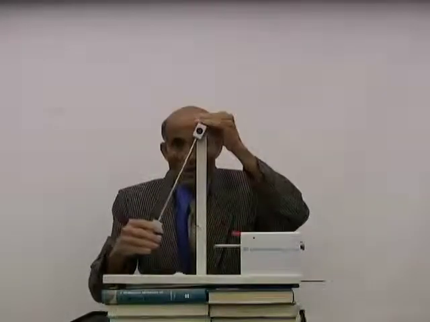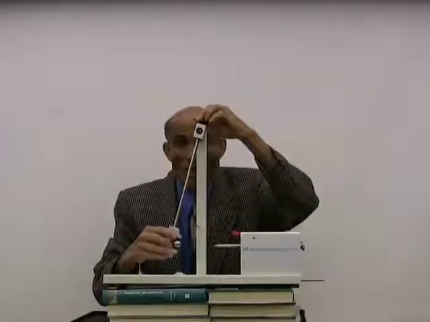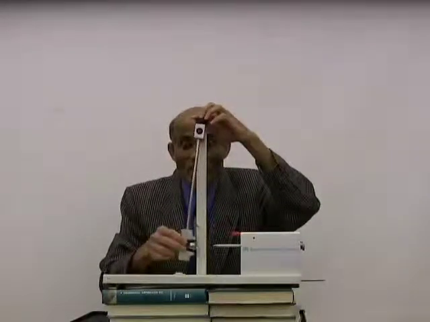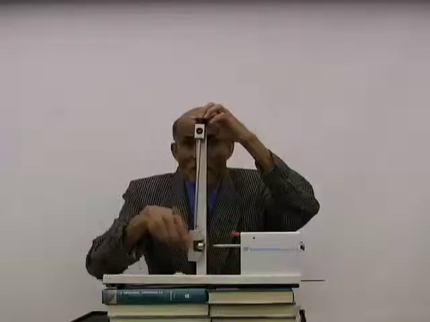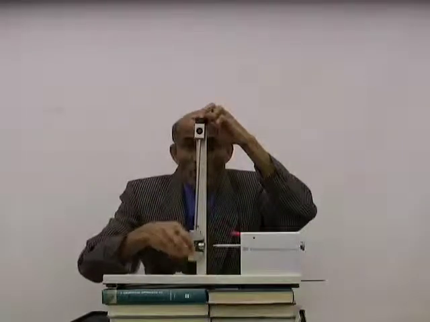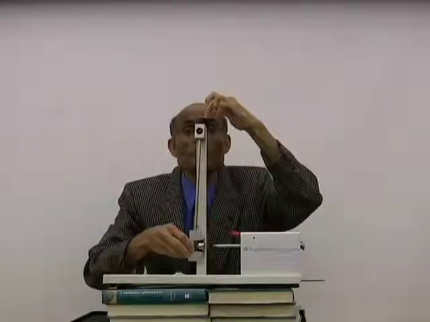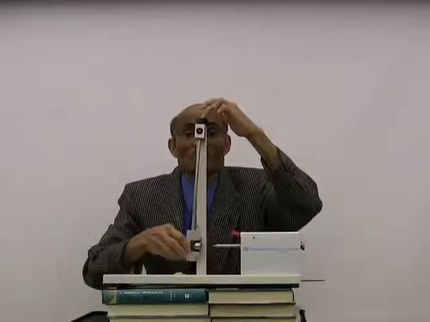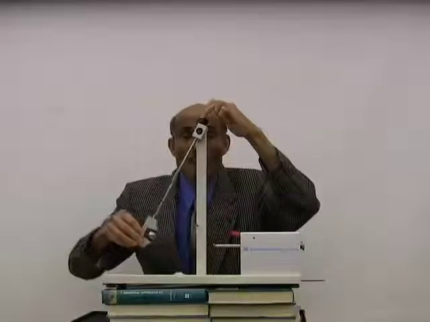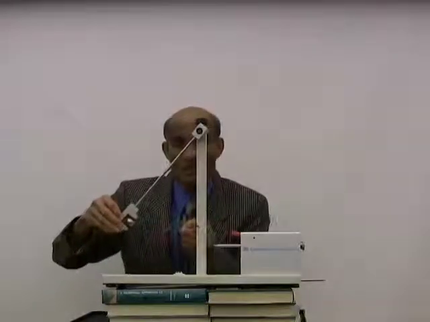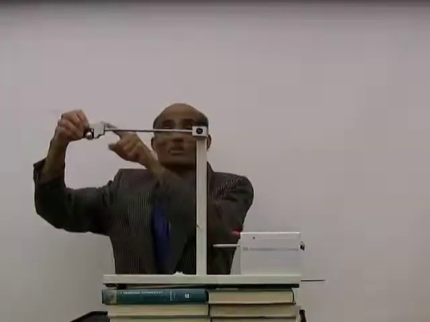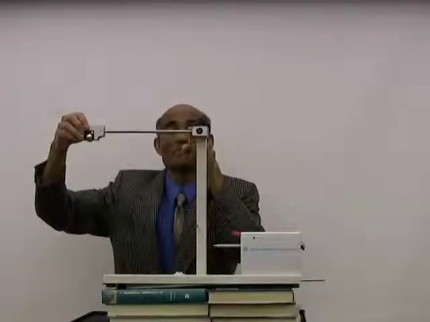Now that means as this object comes closer and closer, the torque arm is decreasing. That means when the object is here, the force directed downward will produce no torque at all. The torque arm is now 0. But if I move it like this, the torque arm is increasing, and when it is at 90 degrees, this is my torque arm.